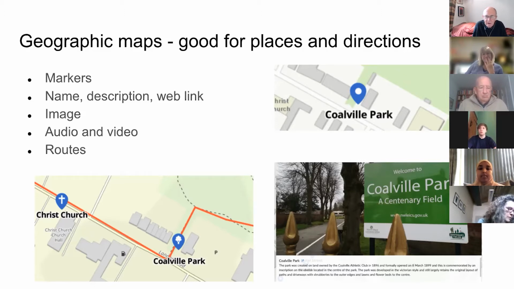It might have an image that pops up when you click on the marker. You might be able to play some video or some audio, and you can create routes, and Harry will be talking more about this as well.